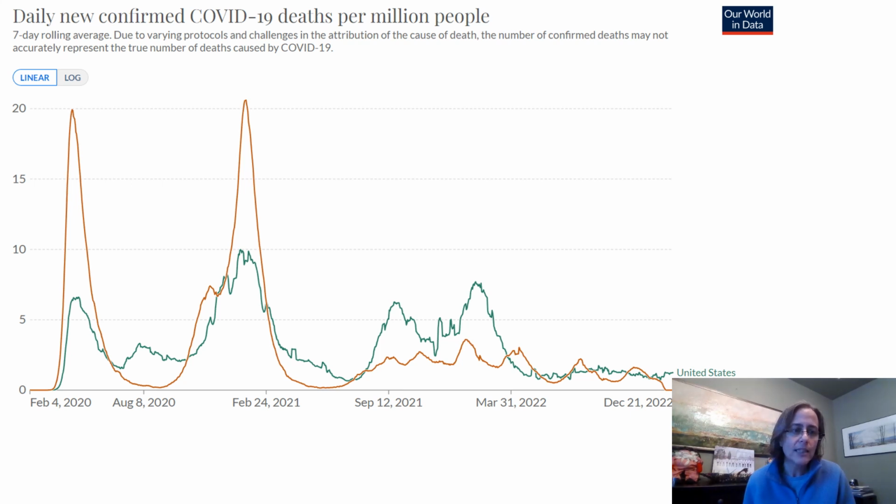And again, we see a big spike in the UK when the pandemic first hit, and then we see a big spike in the UK again with that huge surge that happened in the winter of 2021. And then the UK has a much lower death rate per million people than the United States for most of the interim, and now we're about the same.